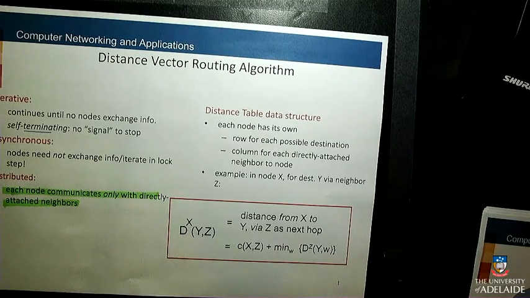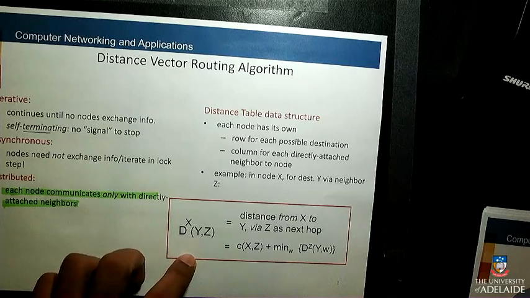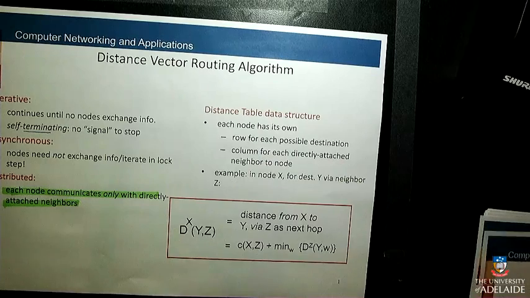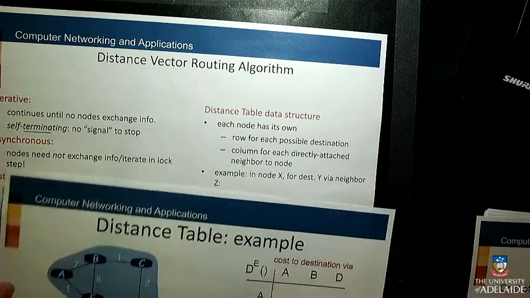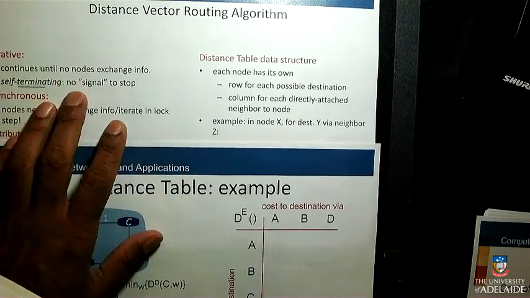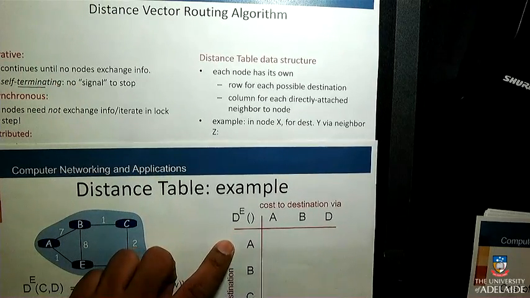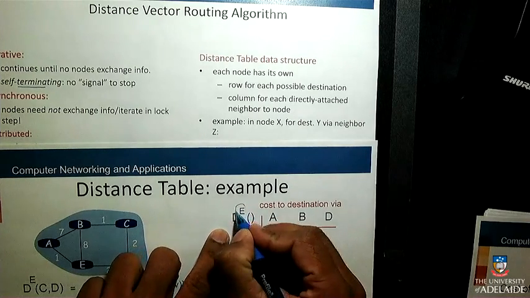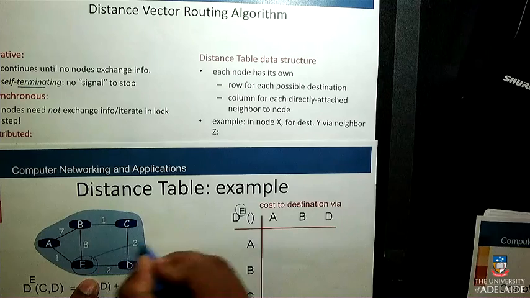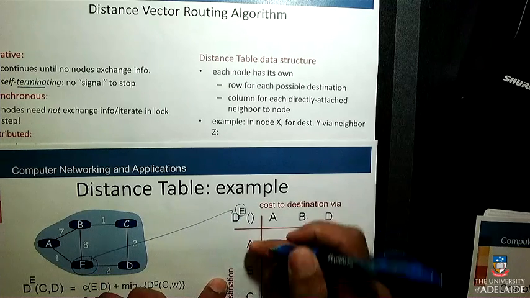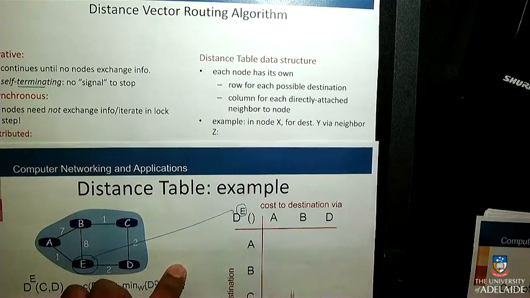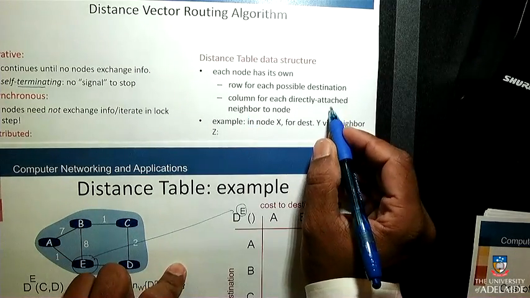The update is slightly different. Each node has its own row for possible destinations. So if you think of E, here, it has a row for each possible destination, so A, B, C, D, and then a column for each directly attached neighbor of the node.